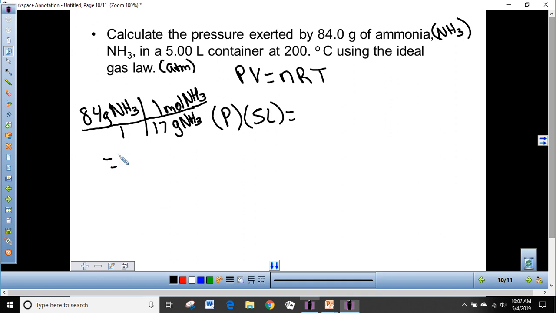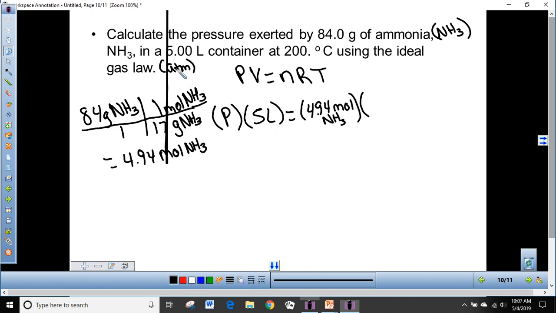I got 4.94 moles of ammonia. Alright, so I'm going to put over here 4.94 moles ammonia.